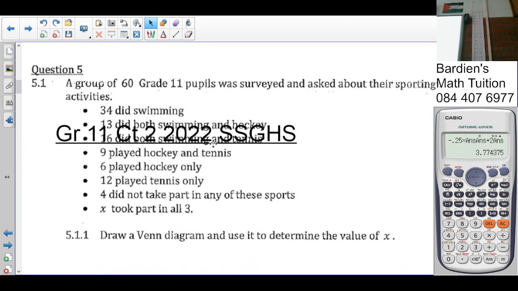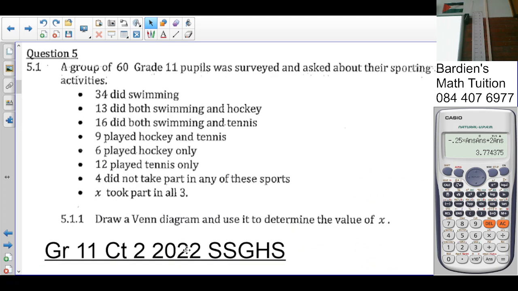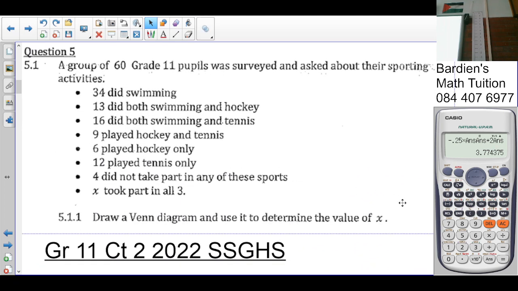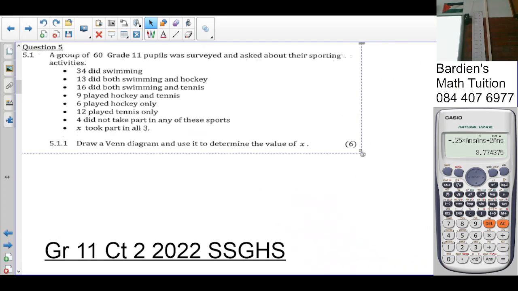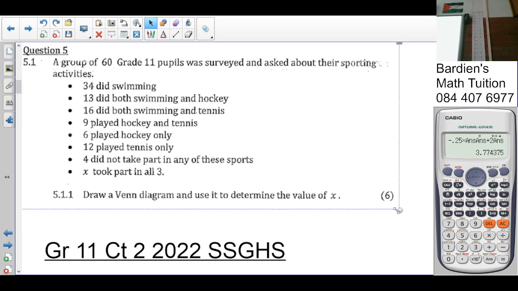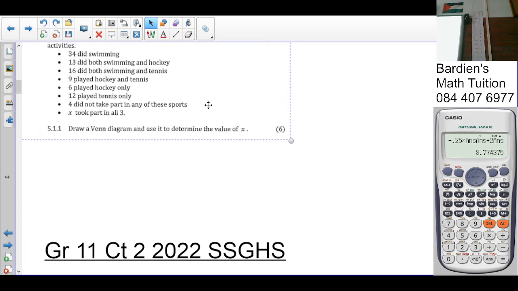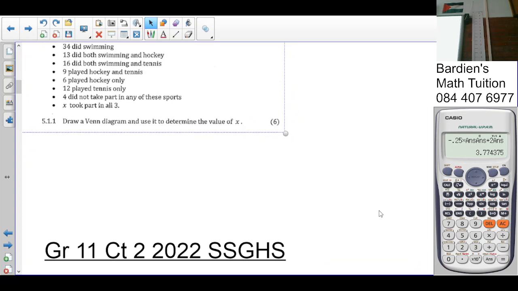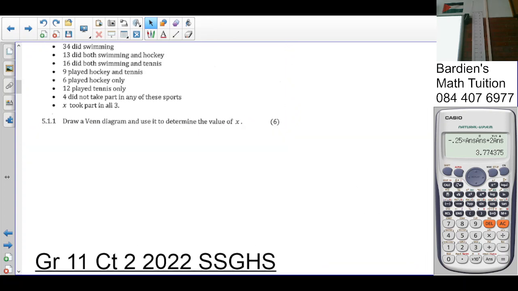Question 5. We are told that a group of 60 grade 11 pupils were surveyed and asked about their sporting activity. 34 did swimming, so that's a 3-way Venn diagram.